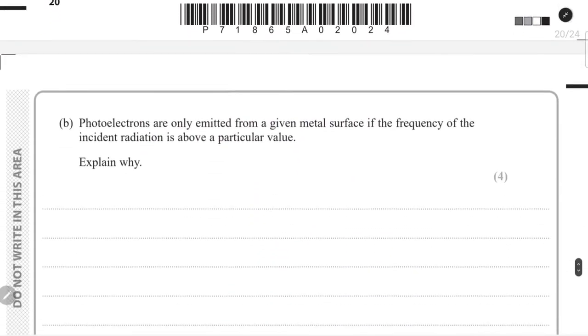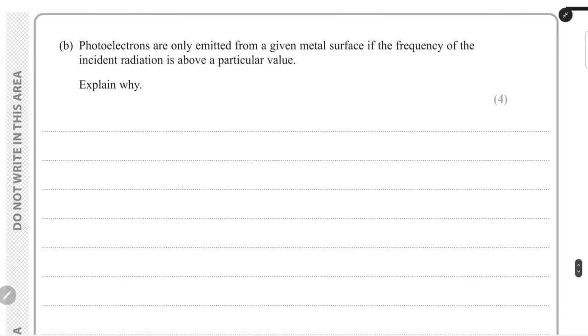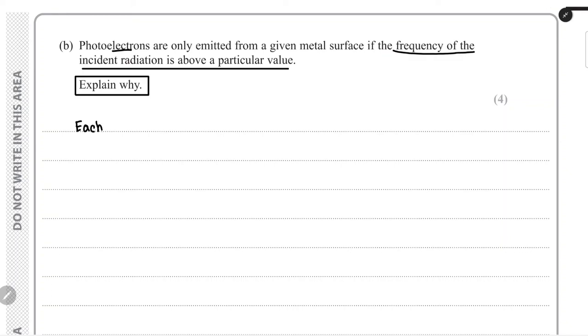Now for part B, we're told that photoelectrons are only emitted from a given metal surface if the frequency of the incident radiation is above a particular value. We have to explain why. In this case, we have to explain the particle nature of light over here. So we begin by talking about how each photon only interacts with one electron.